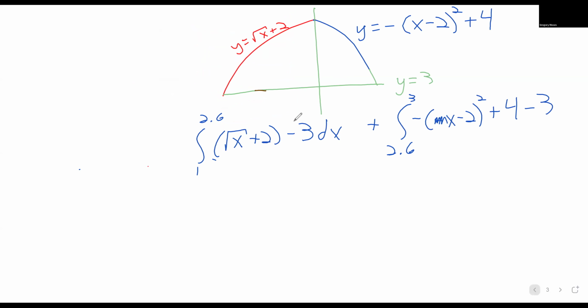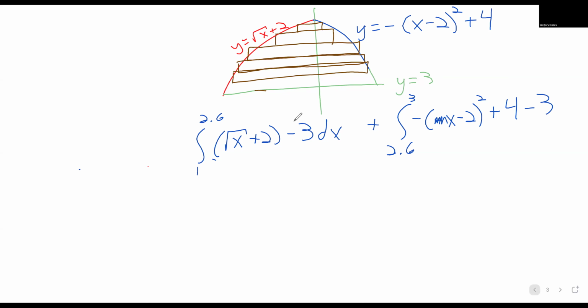Well, if instead you drew horizontal rectangles, that would not occur. Every one of these horizontal rectangles starts with the square root on the left and goes to the quadratic on the right.